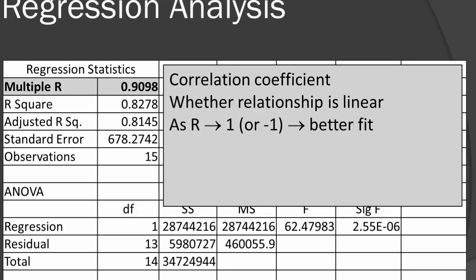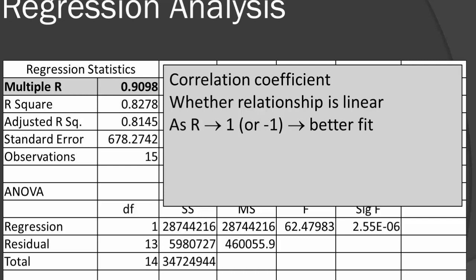In other words, we would expect that as the predictor variable goes up, the outcome variable goes down. That didn't happen in this case. Either way, the closer R is to +1 or -1, the better the data fits a straight line.